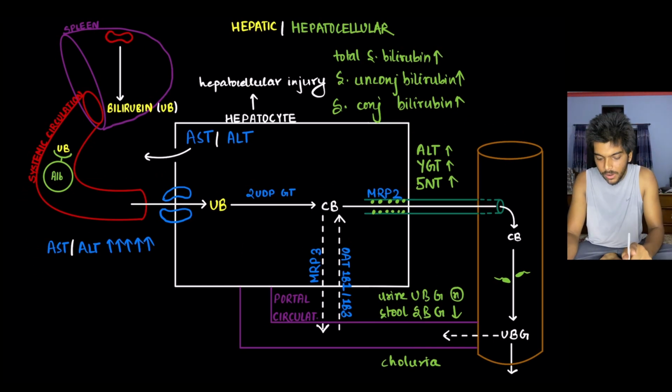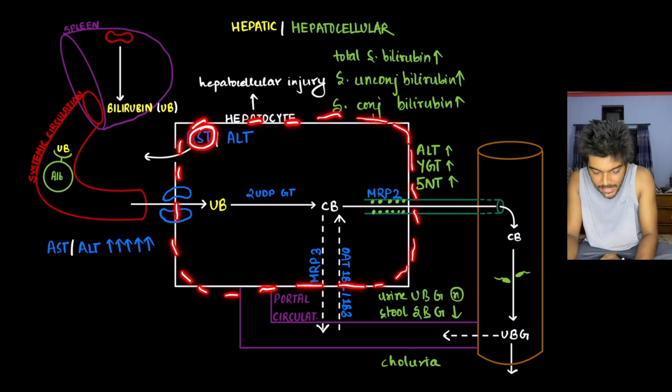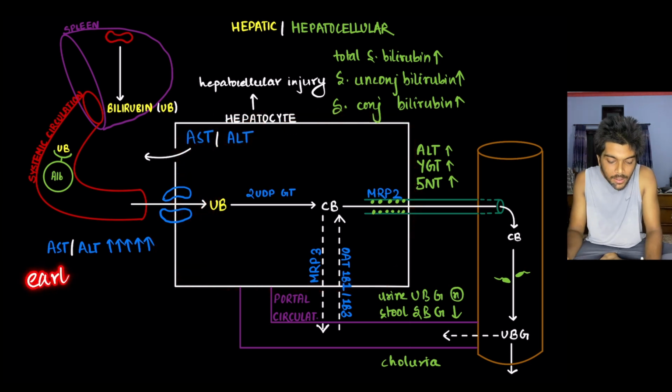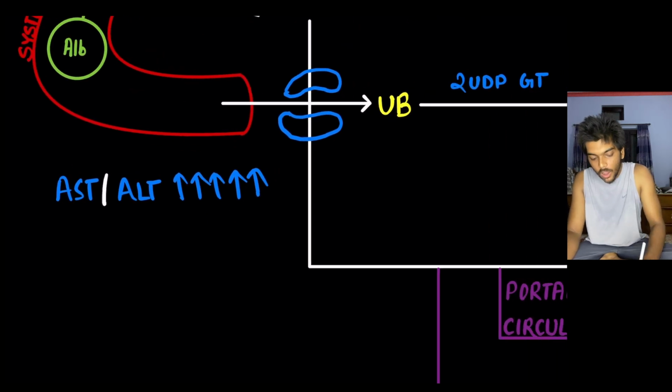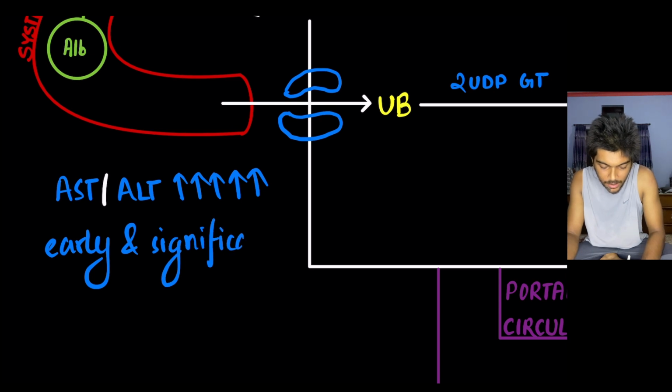But remember, first what is happening? First, there is injury to the cell, and due to injury to the cell, the AST and ALT within the cell leak out of the cell, resulting in an early and significant rise in AST and ALT. Okay, let me write it. So there's going to be an early and significant rise in AST and ALT.